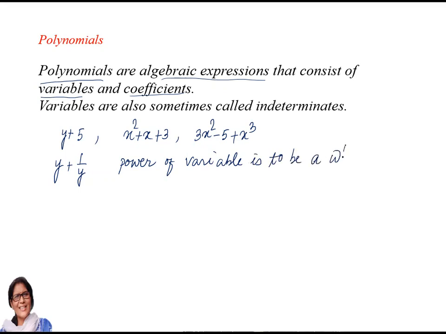It cannot be negative and it cannot be a fraction. If I write root x plus x, it is not a polynomial because root x means x to the power half. So it has a fractional power. It will not be a polynomial.